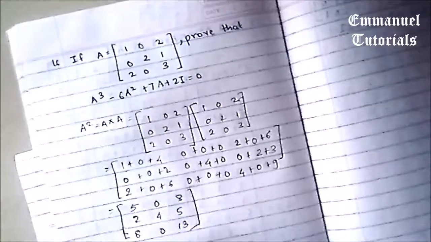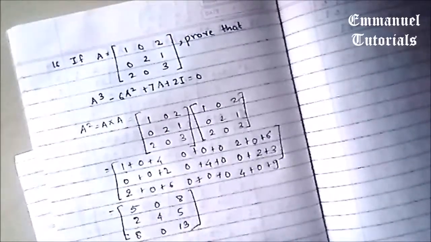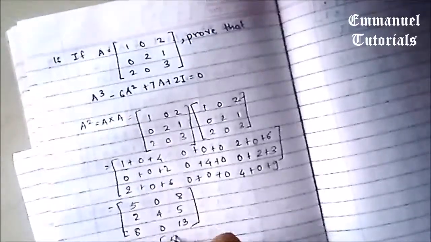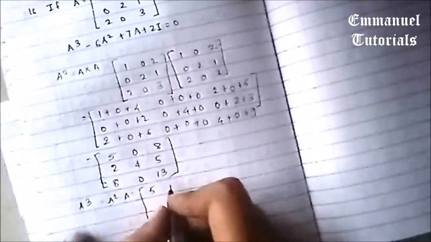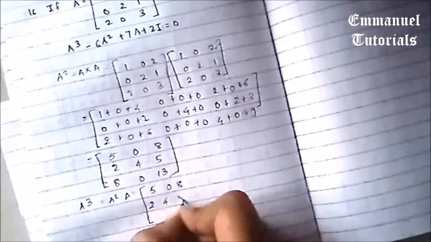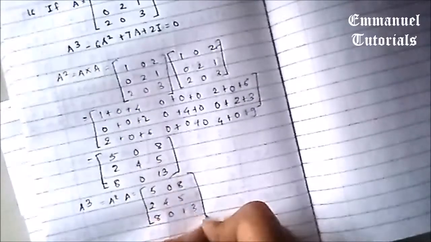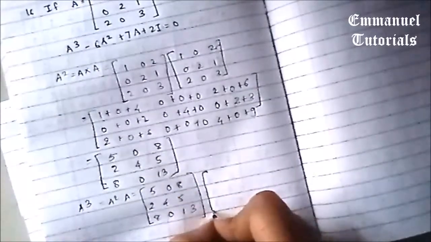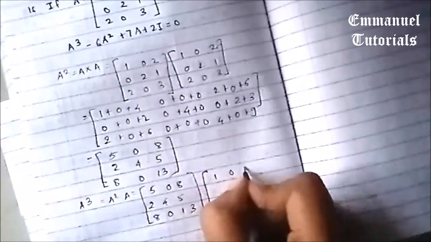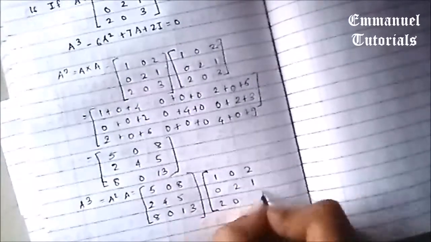Now let's find out a cube. A cube will be this a square into a, which will be 5, 0, 8, 2, 4, 5, 8, 0, 13 into this original matrix, which is 1, 0, 2, 0, 2, 1, 2, 0, 3.